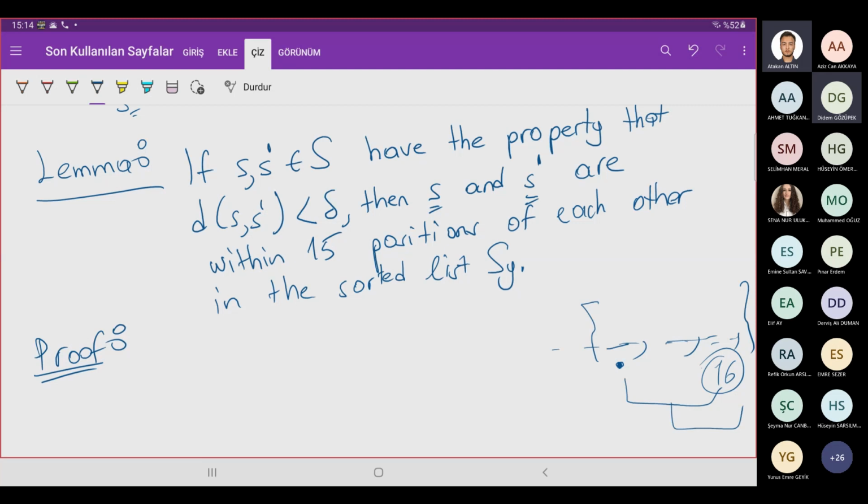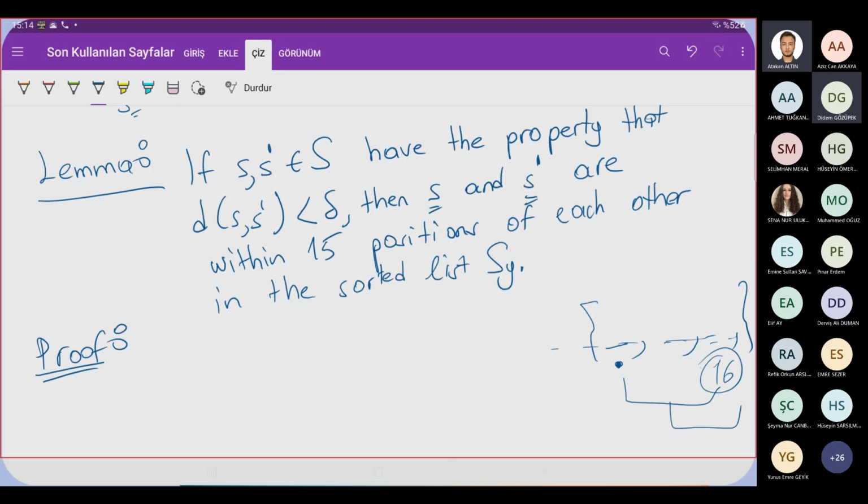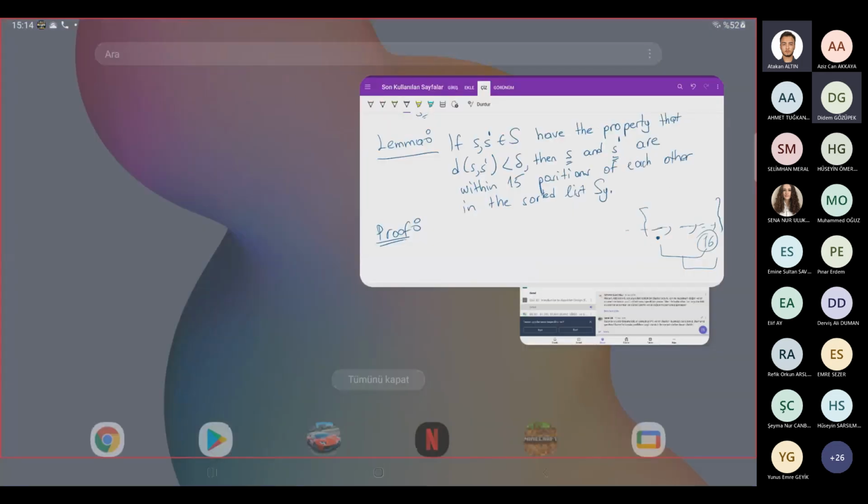But before coming to tomorrow's class, please review what we have done in this closest pair of points case. Because to understand this part of the proof, you need to really focus. Okay, there shouldn't be anything that is left not understood in the previous parts. So, sorry, I can still continue it.